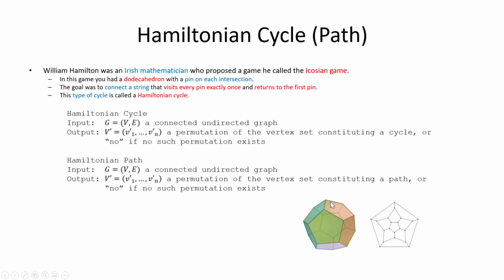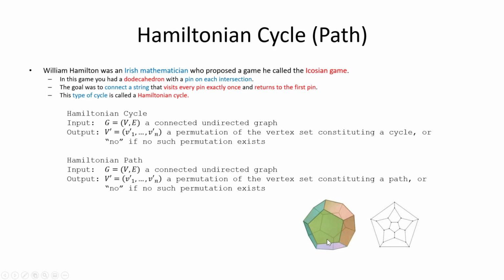The underlying game that he invented was sort of around the world, visiting all the cities in the world, where each of the pins was like a famous city. So he'd labeled them like Paris and New York and Beijing and so on. Now, this game, of course, was just: could you find one?